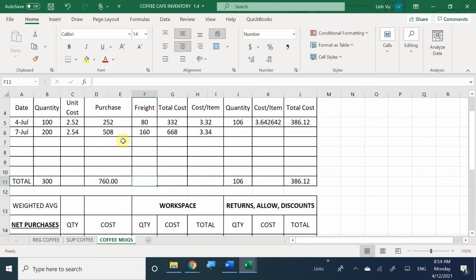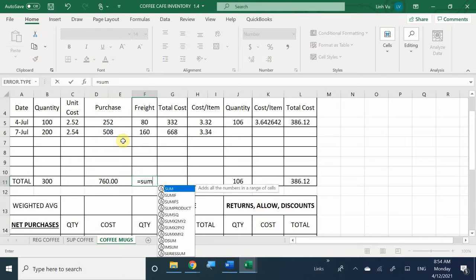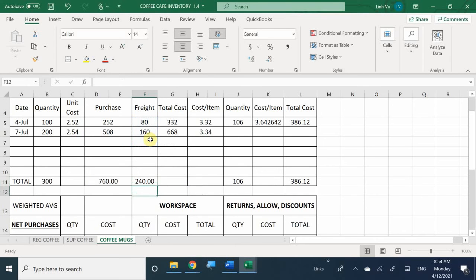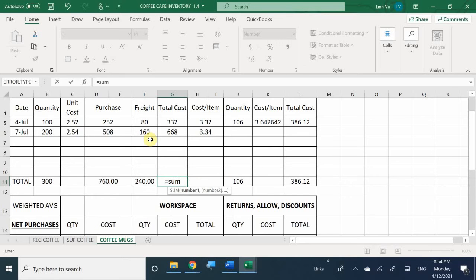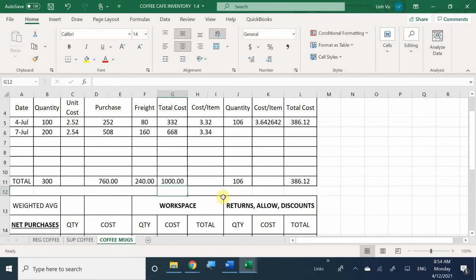At what total purchase price? $760. What was my total freight? 240. And what was my total cost? $1,000 even, right?